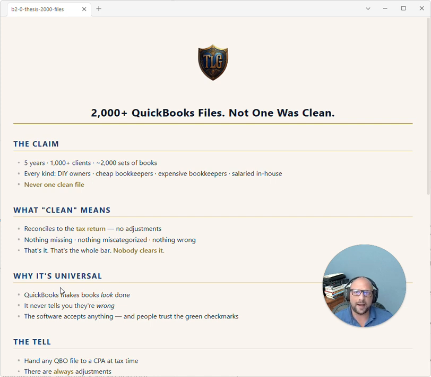But I get a file and it's got all kinds of negative bank accounts, negative credit cards, assets are missing. There's some depreciation on there. The full truck or auto payment is being classified as an expense when the principal can't be expensed. Mortgages are on there. Personal expenses are on there. It's just a disaster. And I've seen it from all across the board.